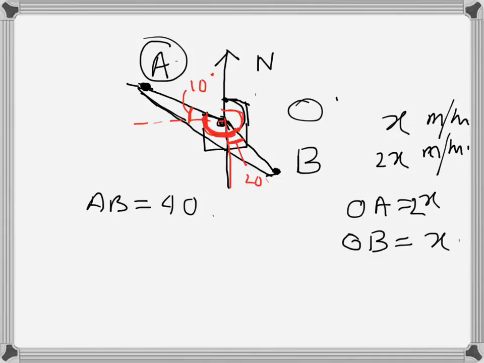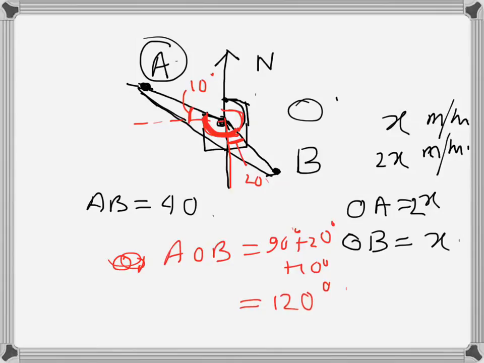So the full angle, angle AOB, is 90 plus 20 plus 10 degrees, which is 120 degrees. So we need to find the speeds of both the ships. So basically we need to find x, and then we can find 2x.